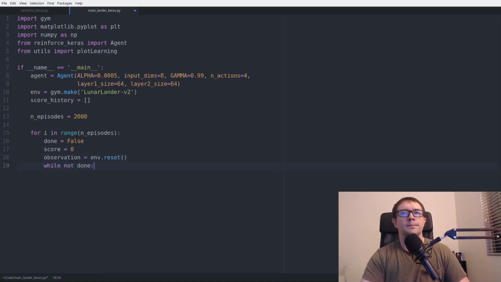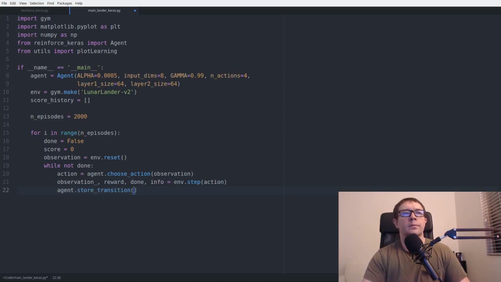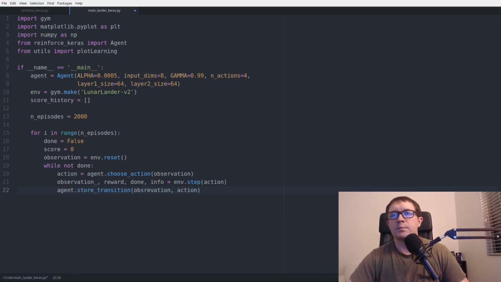While not done, action equals agent.choose_action(observation), observation_, reward, done, info equals env.step(action), agent.store_transition(observation, action, and reward).